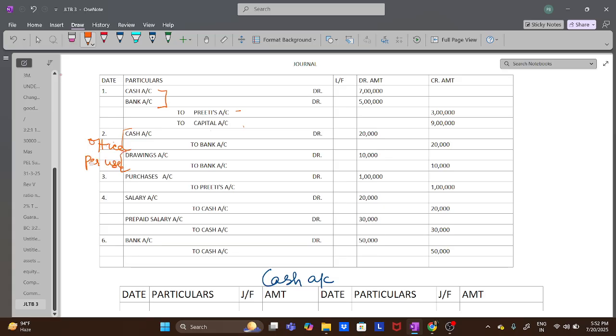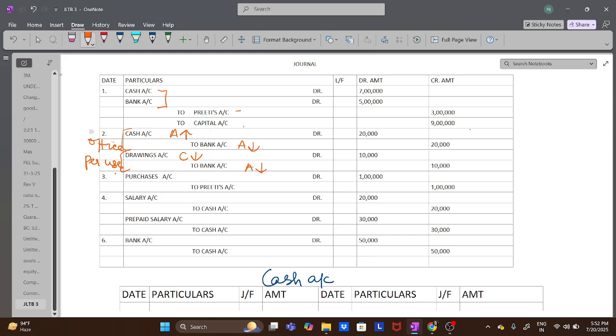So we have two things, office use, personal use. So cash to bank and drawings to bank will be the entry. Why? Bank asset decreasing and here cash asset increasing. Drawing is like capital decreasing. So that's how we post this.